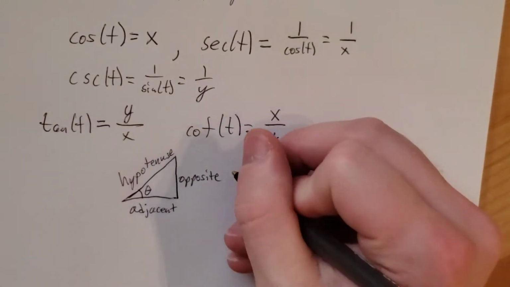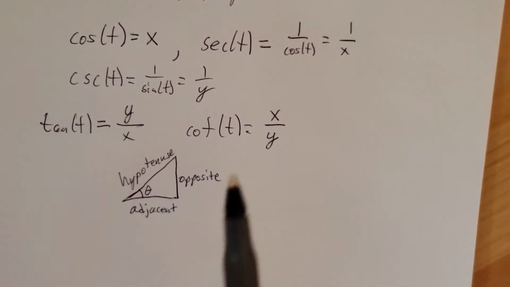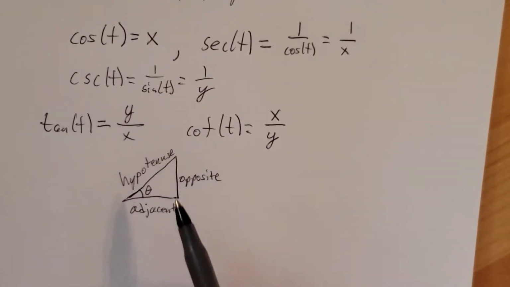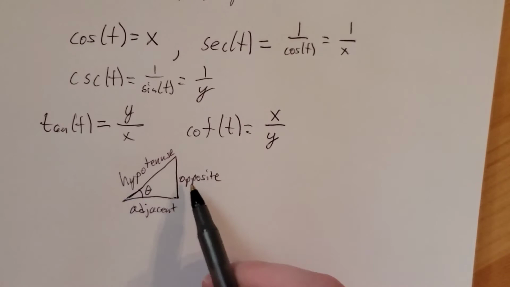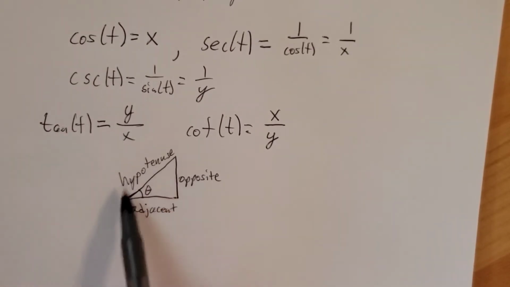Notice also that when we're on the unit circle, the hypotenuse is 1, the opposite side is our y value, and the adjacent side is our x value. That's, of course, when we're on the unit circle.